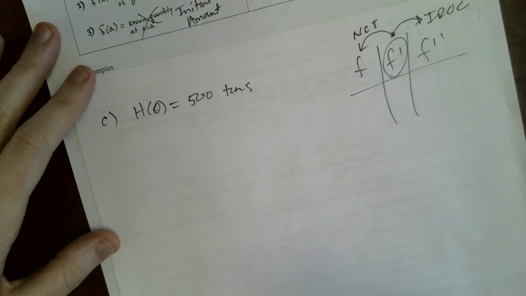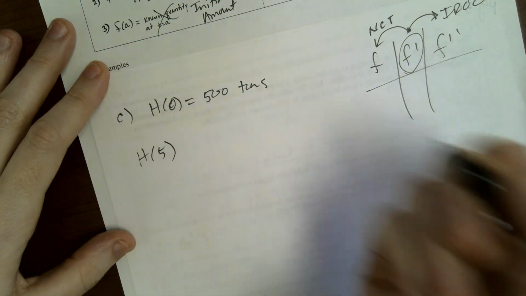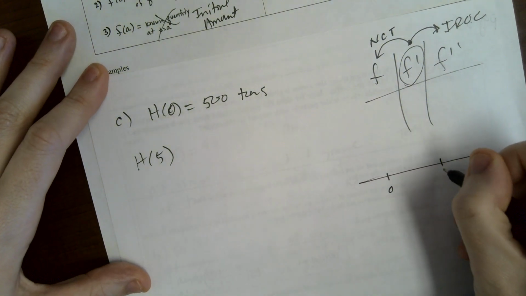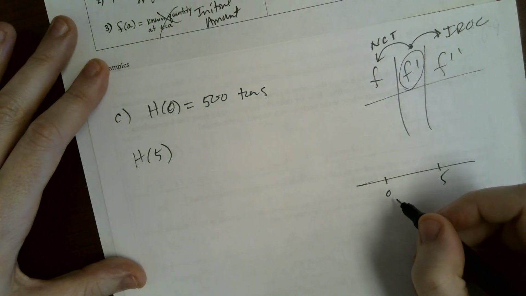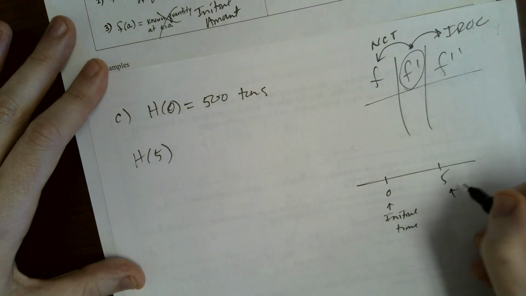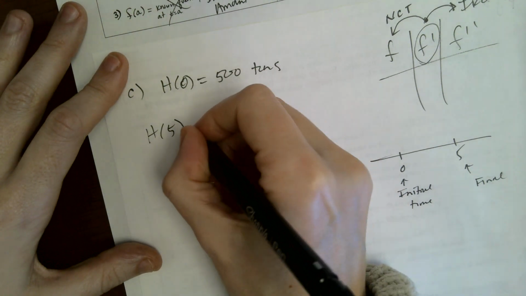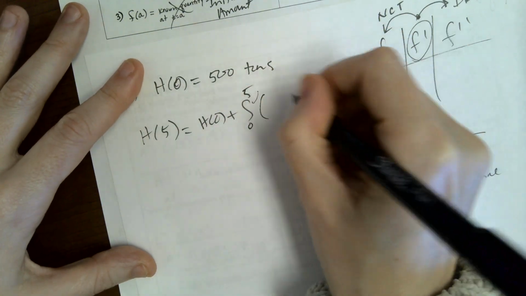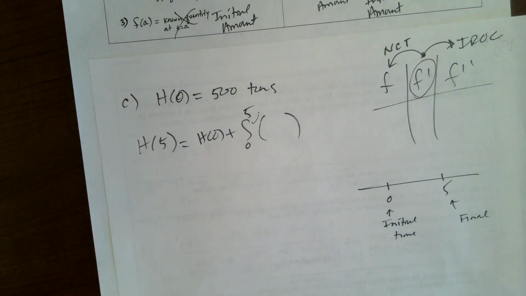Okay, so for H of 5, we're thinking of our time interval as 0 to 5. This would be the initial time, and that's the final time within our interval. So H of 5 is equal to H of 0 plus the integral from 0 to 5. When you integrate a rate, you get net change. So how do you get net change?